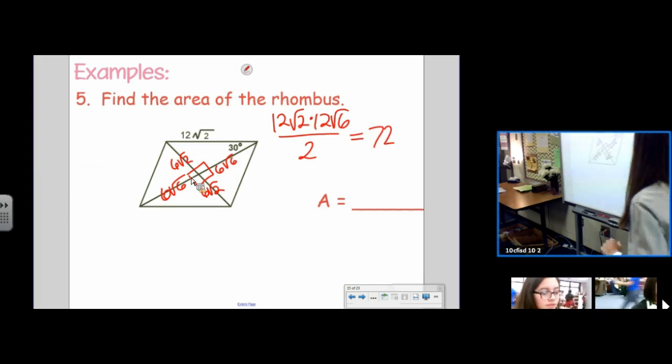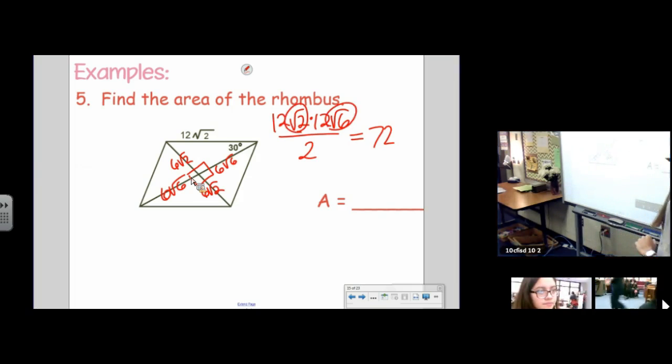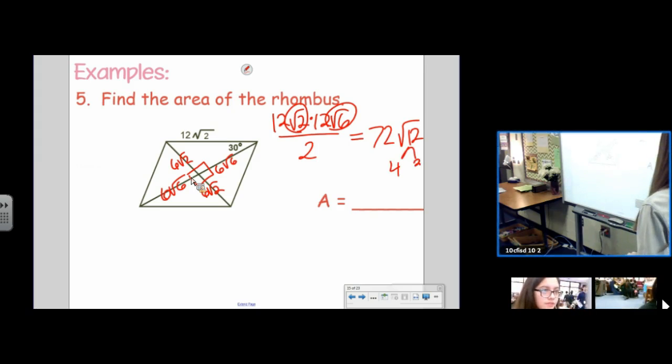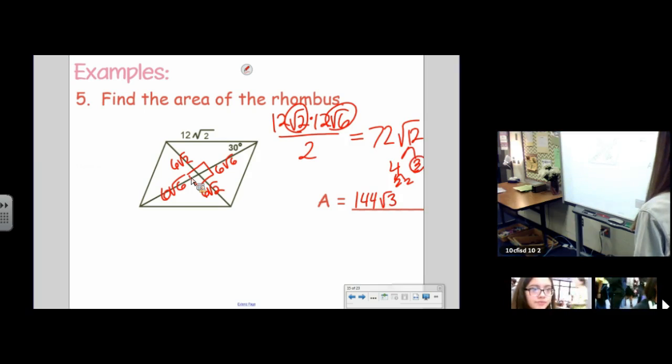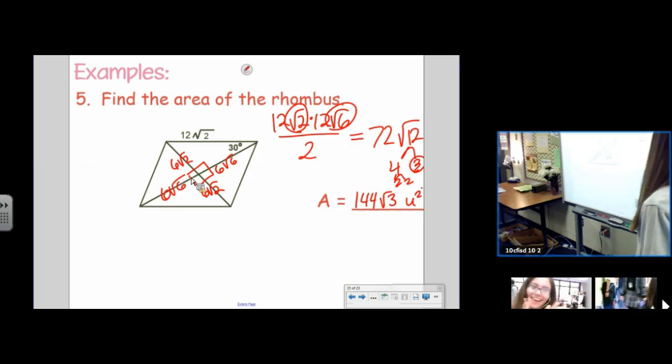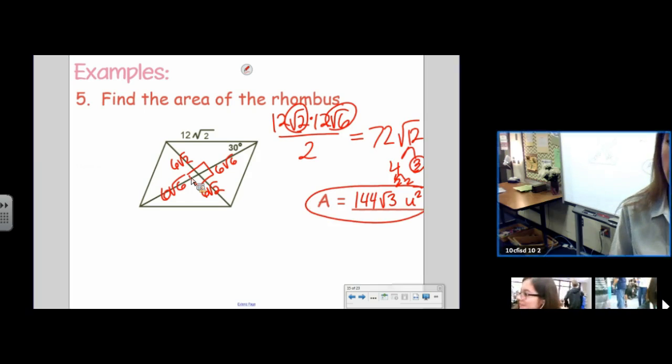And now we'll multiply our radicals. Square root 2 times square root 6, square root 12. We know that is not a final answer, so we have to factor tree the 12. A 2 escapes. Oh, we're back at 144 again. And a 3 is left over. So 144 root 3 units squared.